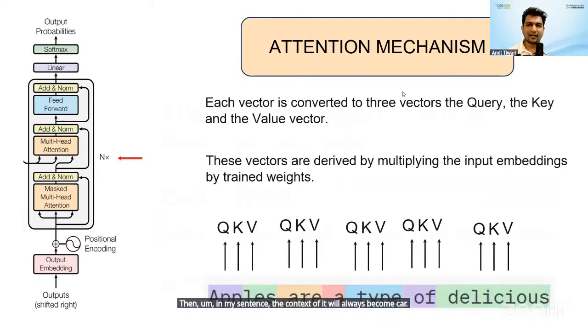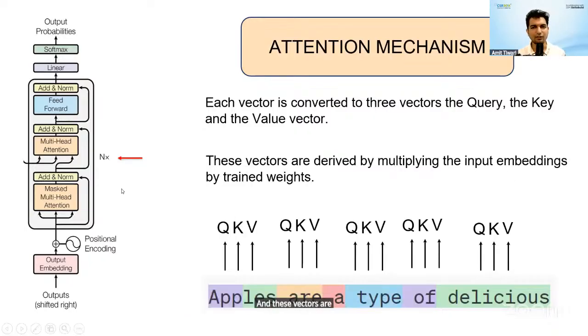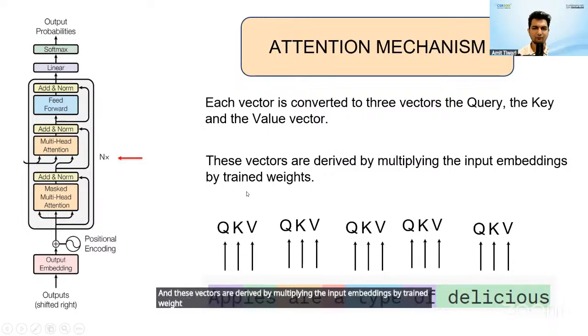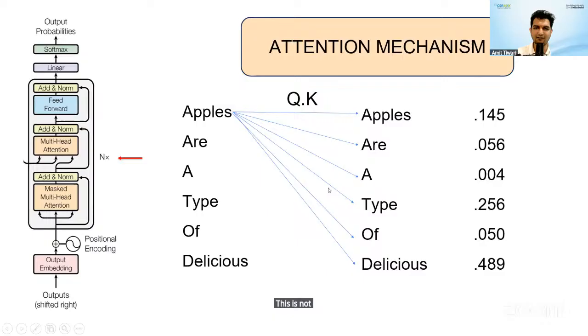So what happens in the attention mechanism is, quickly I will go through, each word vector is divided into three vectors as query, key, and value vectors. And these vectors are derived by multiplying the input embeddings by trained weights, which we acquire in the training. This is not a natural language processing class, so I will just skip this.